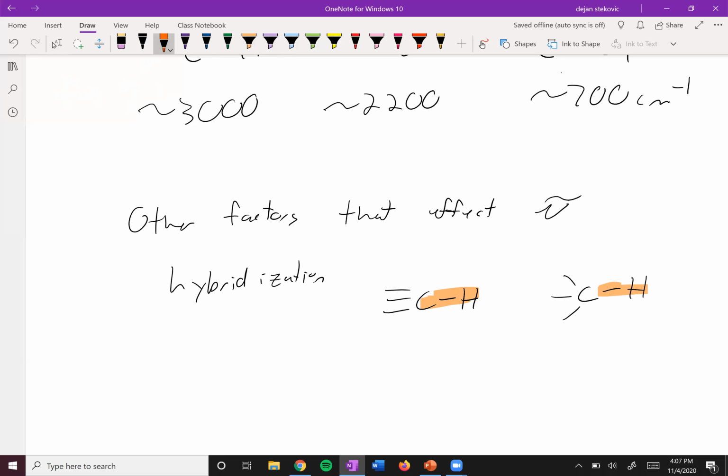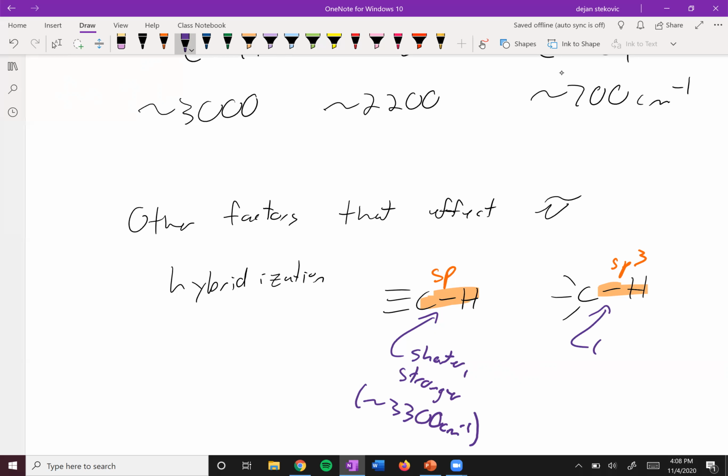This is an sp bond. This is an sp3 bond, and this bond is actually shorter, which means that it's stronger. And so that'll occur around 3,300 inverse centimeters, while this one is longer and weaker, and this will occur at approximately 2,900 inverse centimeters.